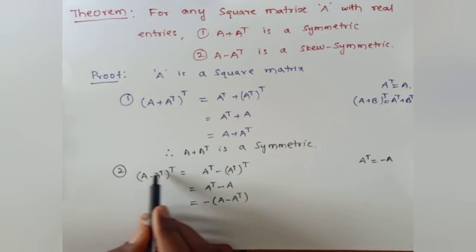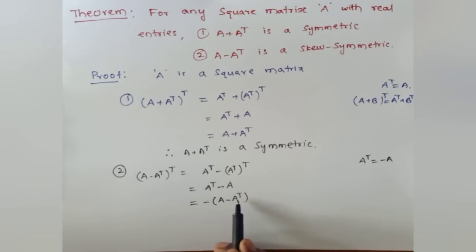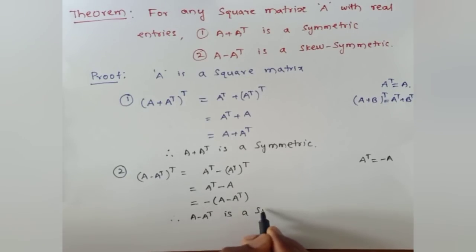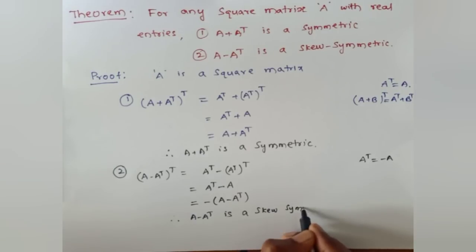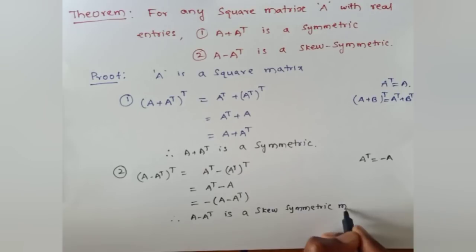Let this entire thing be A. Therefore it is in the form of A transpose equals minus A. Therefore A minus A transpose is a skew symmetric matrix.